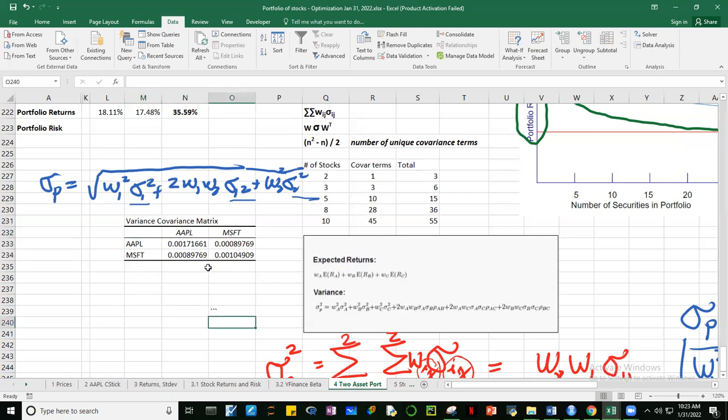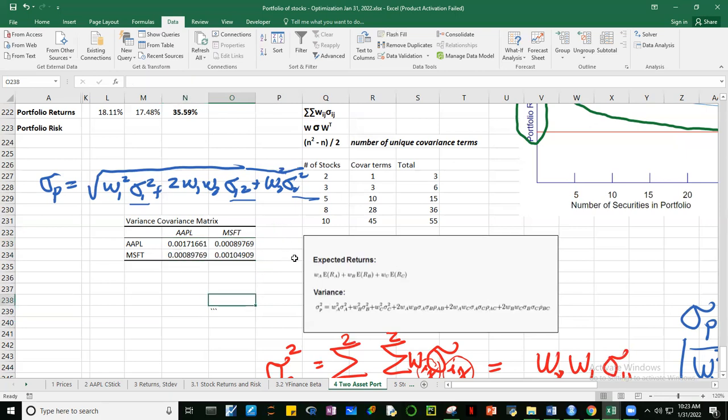So this is your variance covariance, kasi yung diagonals, mga variance yan. Yung off diagonals, these are your covariances. Now let's convert this to annual kasi weekly lang din to eh, no?